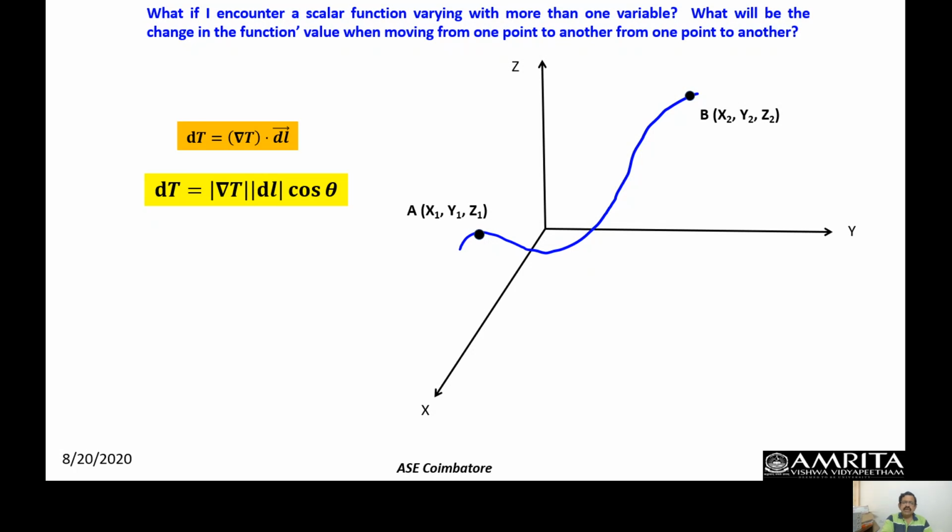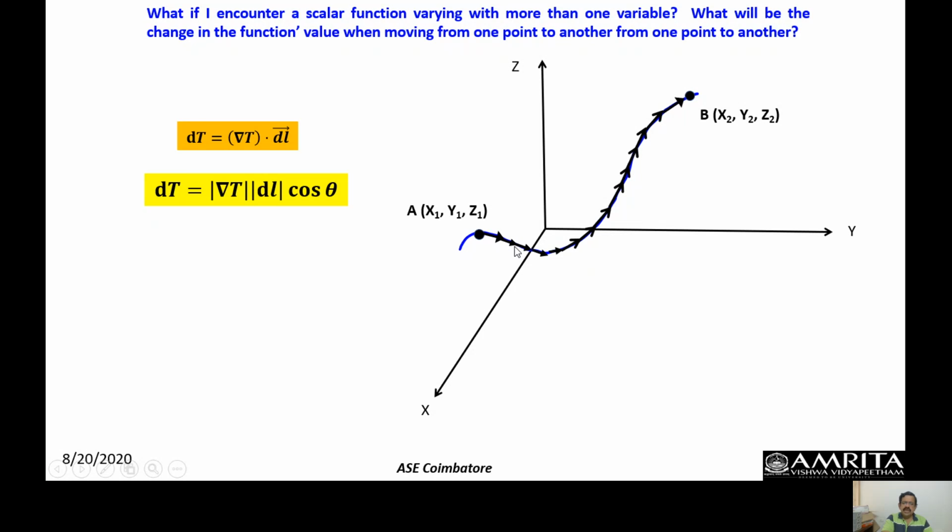Okay, so to understand this theorem, similar to the previous approach, I am going to break the path into segments like this. I have taken very small linear steps like this and gotten the path like that. At any point, I calculate del T at this point and dot it with the displacement vector dl.